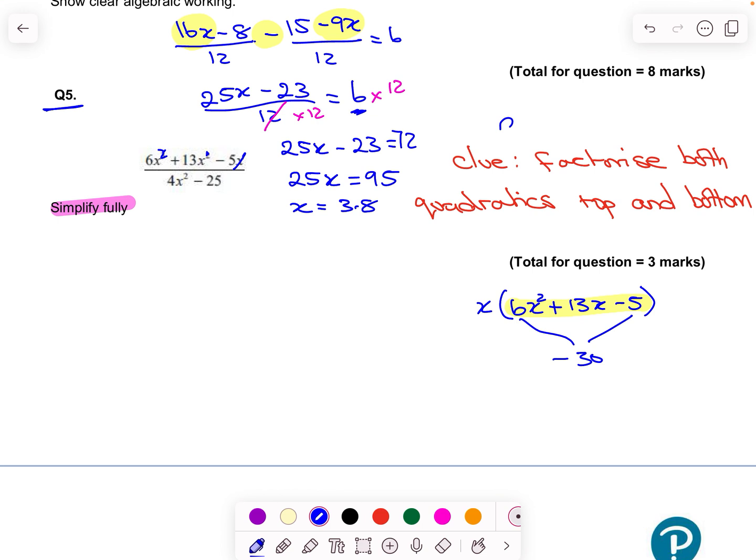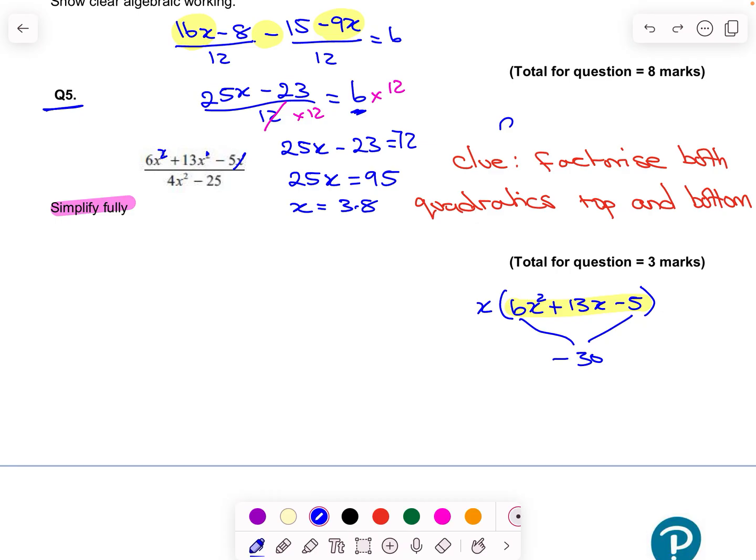So that's going to be minus 10 and minus 3. No, it's not. Let me think again. So there we go. We'll make mistakes. It is not, because that adds to make minus 13.